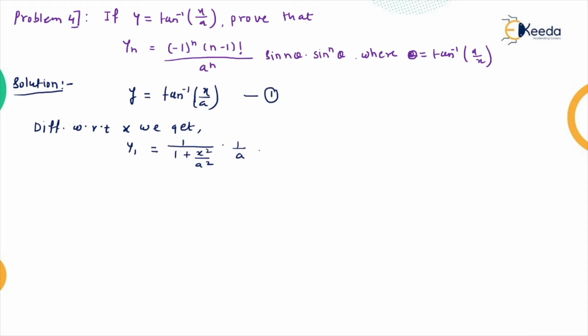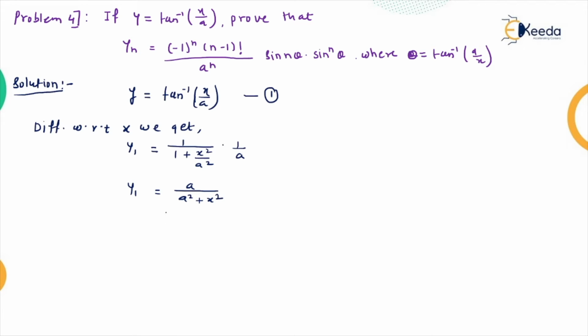Again I am simplifying this. So y1 is equal to, taking the LCM of the denominator, a upon a square plus x square, and a gets cancelled, so here it is a square plus x square.